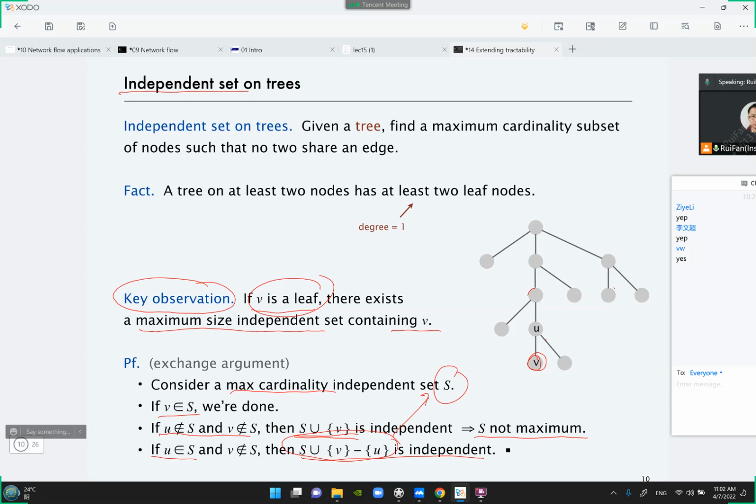And so this means that there's always a maximum size independent set which contains V, the leaf.